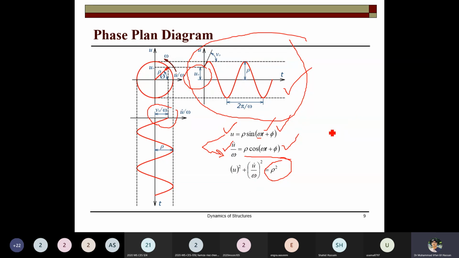So this is the response of the system in free vibration, and different quantities are plotted: U versus T, U versus u dot over omega, and u dot over omega over time. So you can see the response of the system. This is the velocity response, this is the displacement response, and this is the displacement versus velocity response.